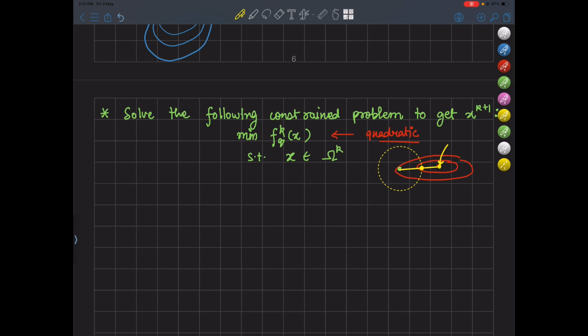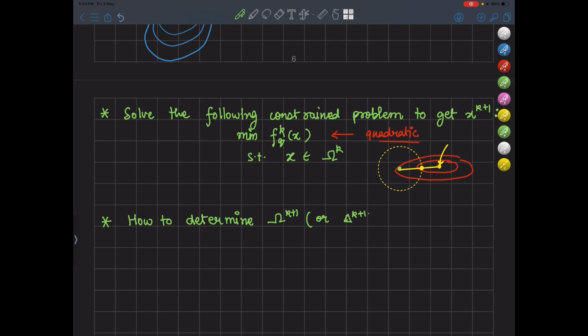But there is one question still remaining: how do we get omega k plus 1 from omega k or other things that we have? How to determine omega k plus 1, or should I say delta k plus 1?